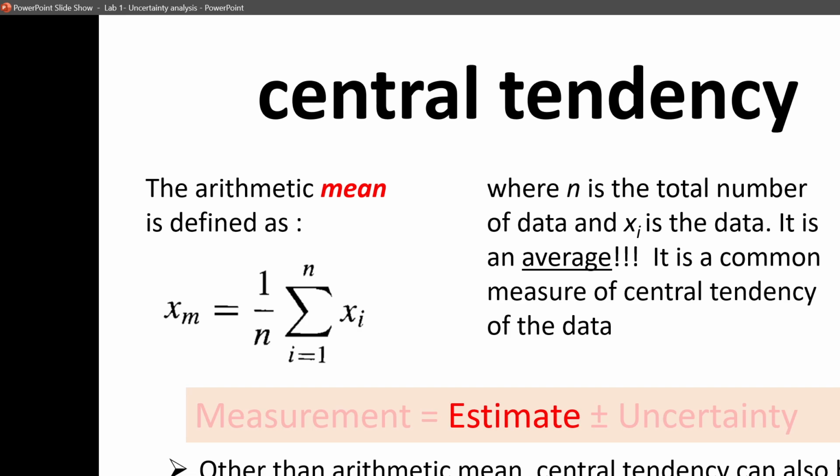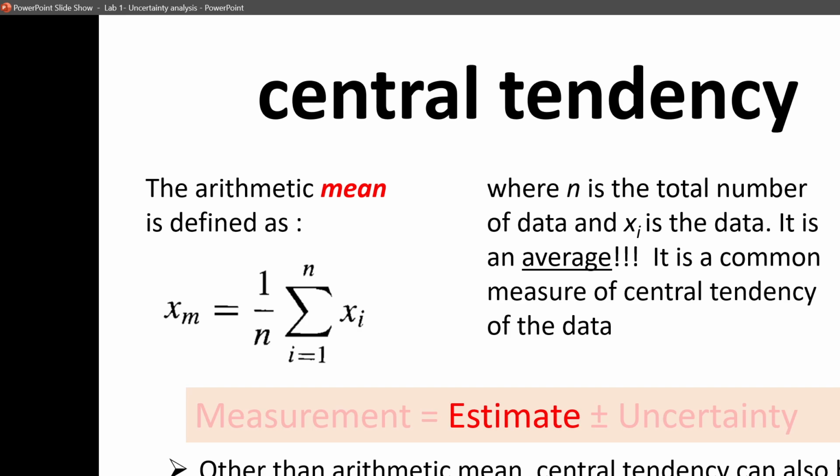There are different methods of representing the central tendency of the data, depending on the type of measurement you're making, depending on the type of science, type of experiment. You have to use different types of estimate or central tendency representation.